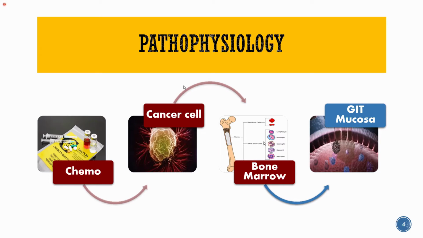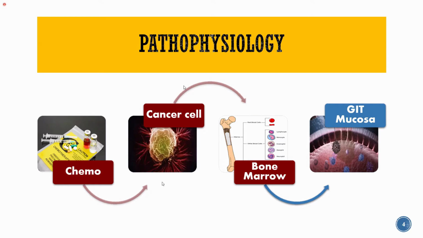Most of the chemotherapeutic agents are cell cycle specific agents, so they rapidly target proliferating cells, such as the bone marrow cells, as well as the GI mucosa throughout the alimentary canal. The chemotherapy hits those rapidly proliferating cells harder. That's why we see myelosuppression and mucositis.